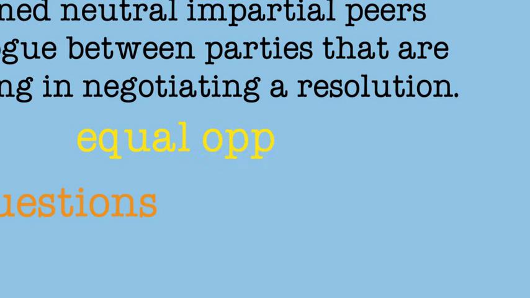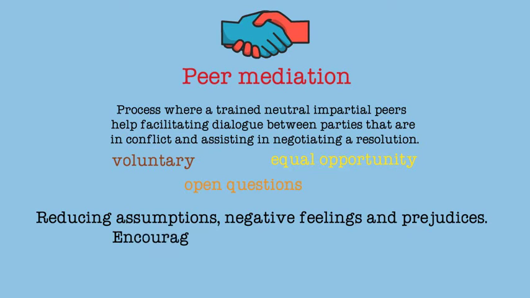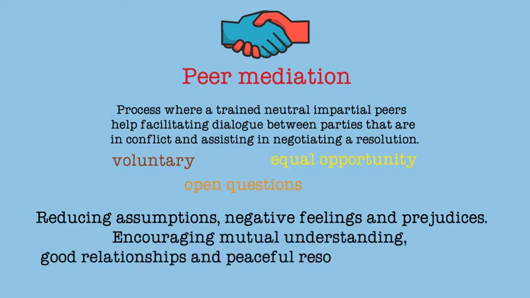It gives everyone equal opportunity to express their side, allowing each party to understand what the other party feels and thinks, reducing assumptions, negative feelings, and prejudices. Peer mediation encourages mutual understanding, good relationships, and peaceful resolutions of conflicts.